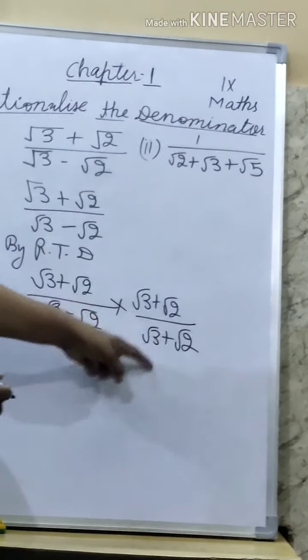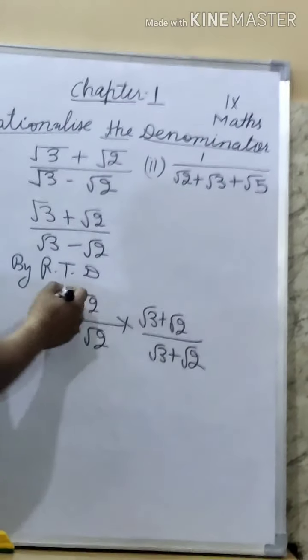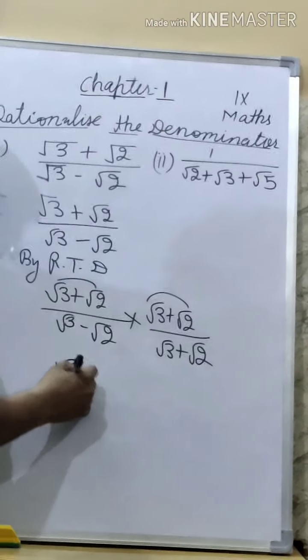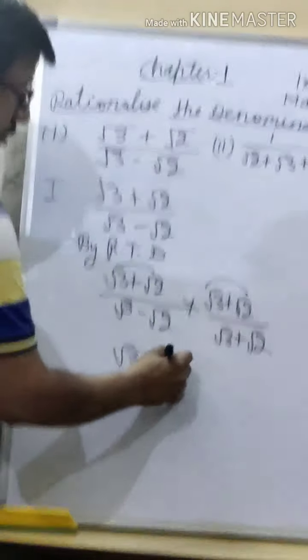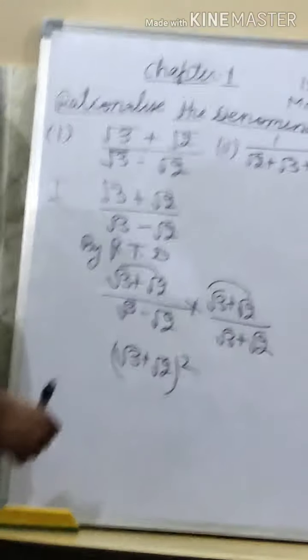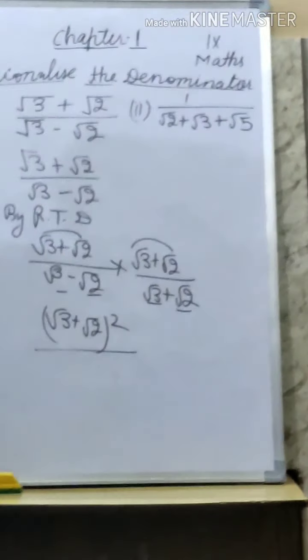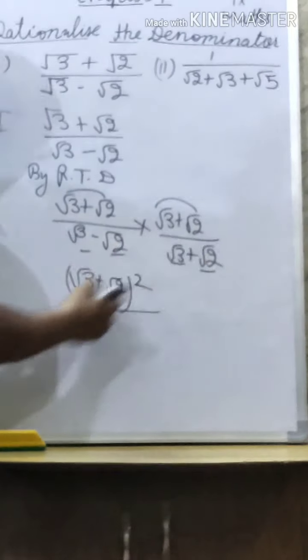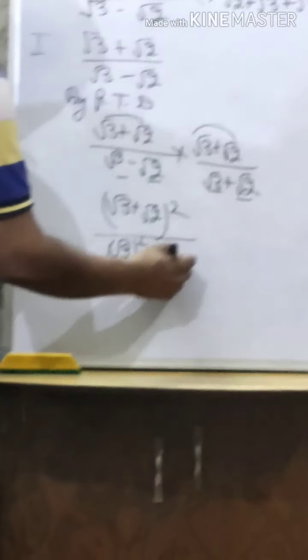Minus, then with plus. So now you see, it is a plus b, then a plus b whole square. Now downside you see a minus b, a plus b, so it is a square minus b square.